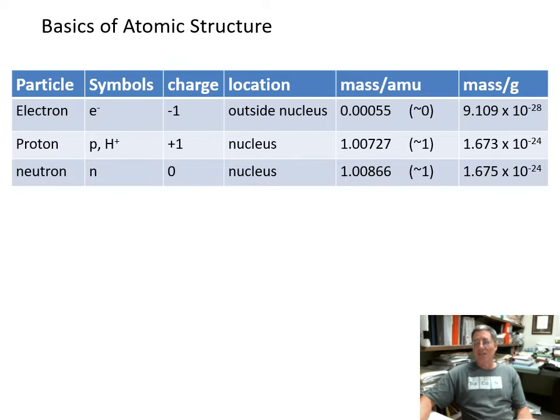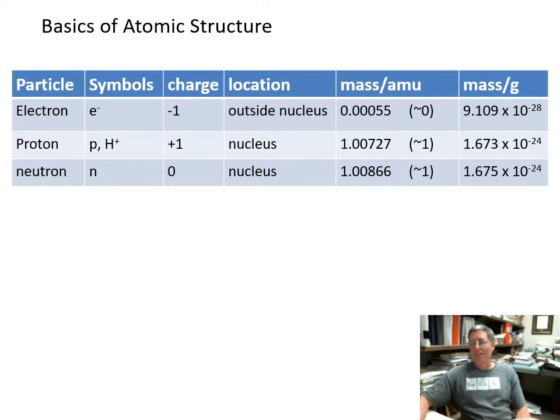Then the mass in atomic mass units. We'll talk about atomic mass units later when we start to do the mole and all that kind of stuff. You don't need to know this mass out to 0.00055. Basically, an electron doesn't really weigh anything. Protons and neutrons weigh about 1, so when you add up the mass of an atom, it comes close to this.